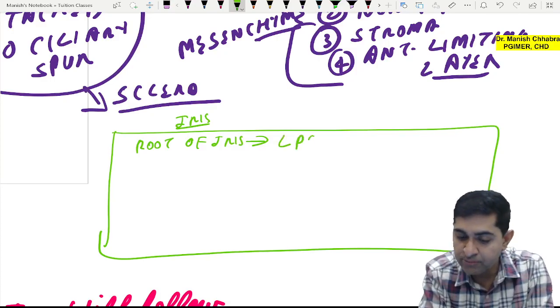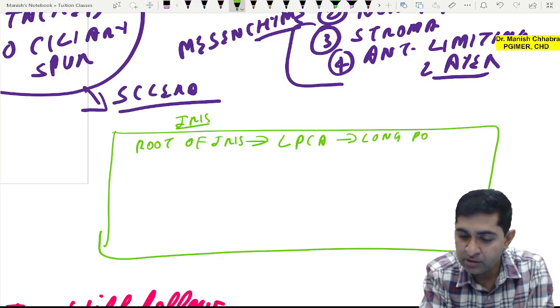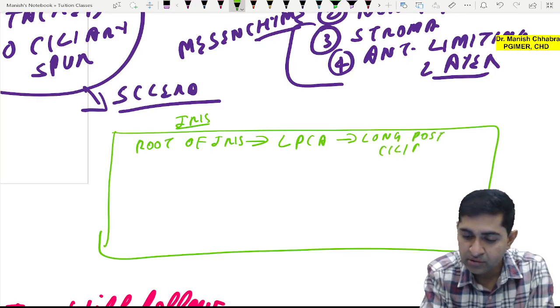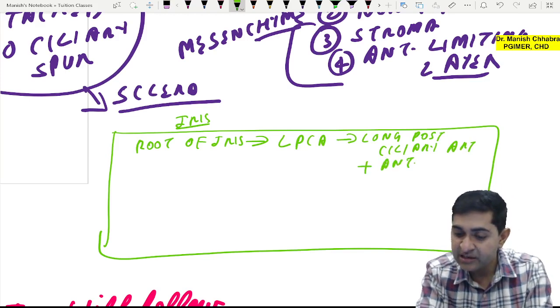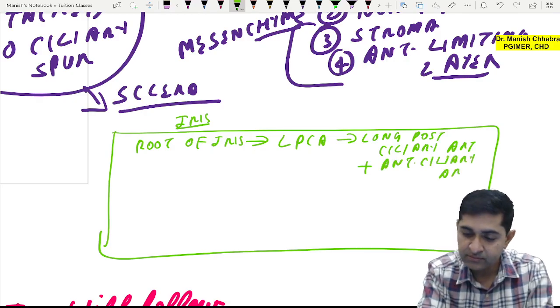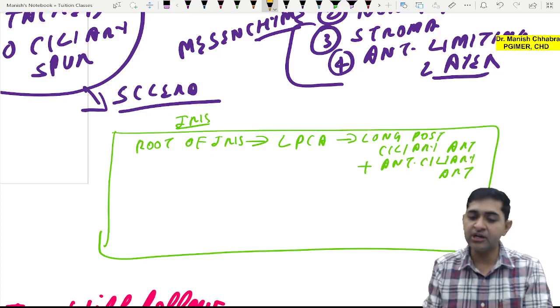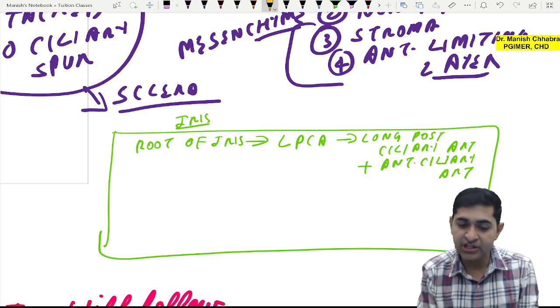One is the long posterior ciliary artery, and the anterior ciliary artery.